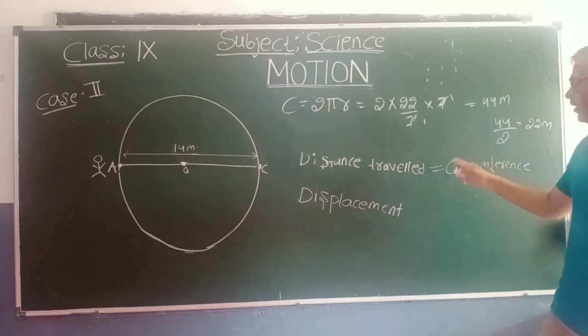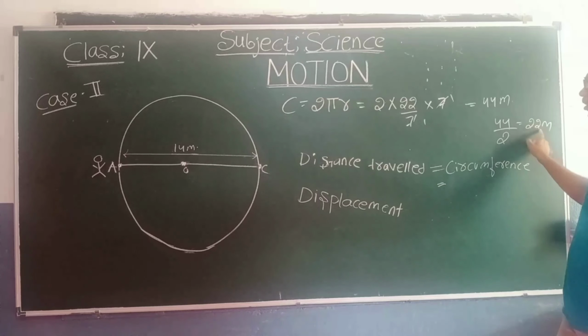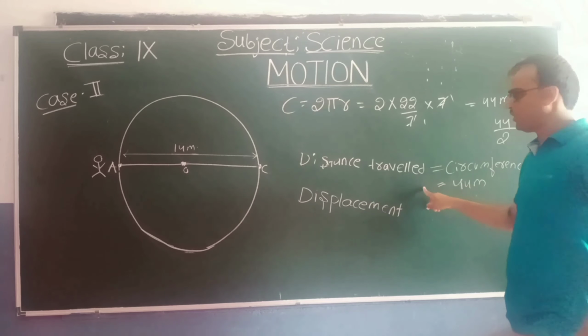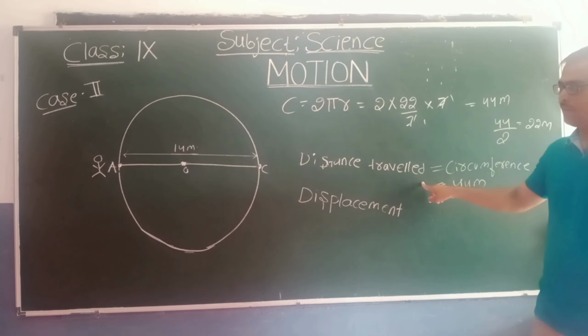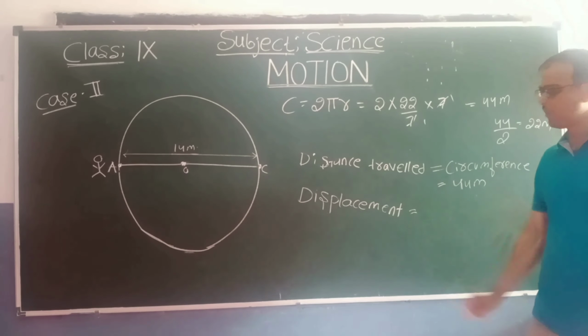What is the circumference? 44 meter. So in the second case, the distance traveled by the person is 44 meter. And what is displacement here?